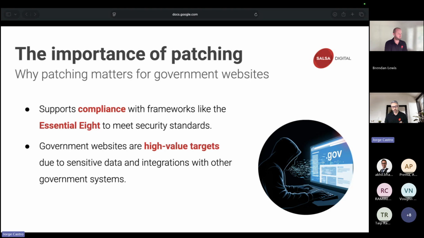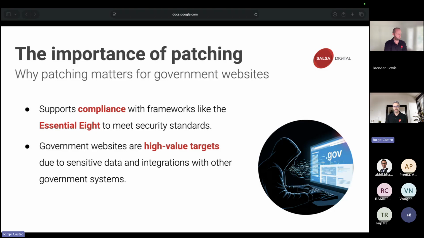You start small and then you improve your maturity, and then you go up the levels in terms of Essential 8 compliance. In this particular session, we're going to be touching on patching applications, which is one of the mitigation strategies under the Essential 8 framework.